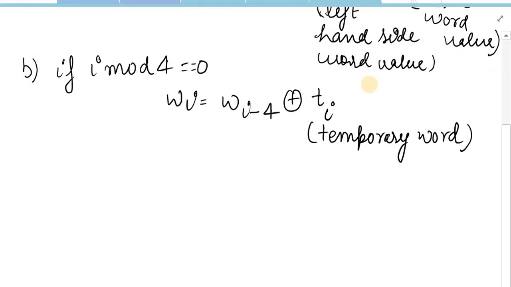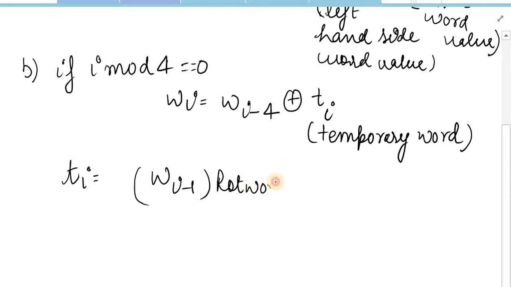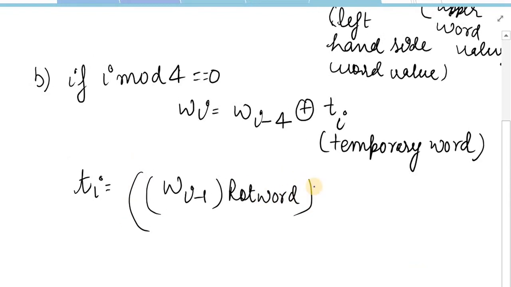So what is the formula of Ti here? We have to select the Wi minus 1 value, the left-hand side value. We have to perform the rotword operation. I will elaborate on all of this, please listen carefully.